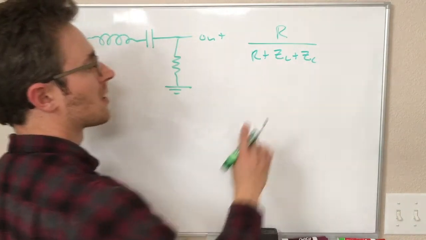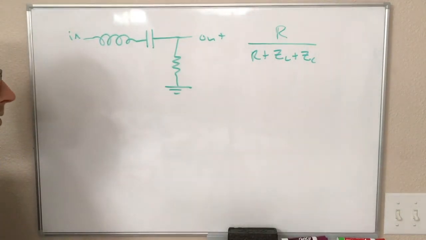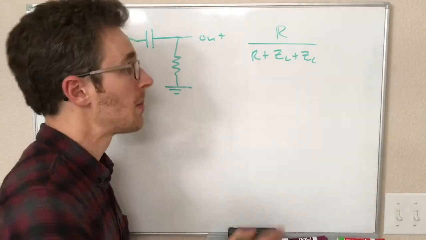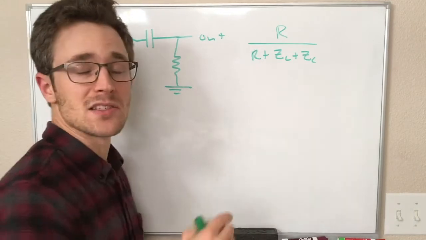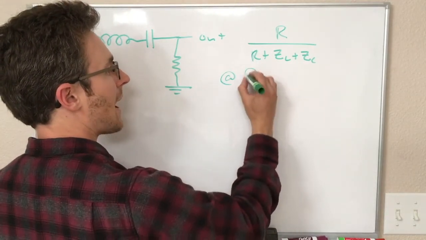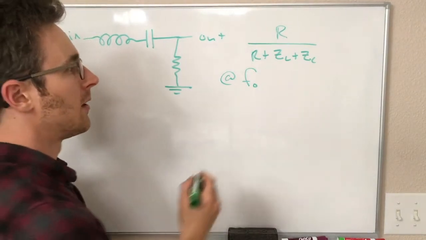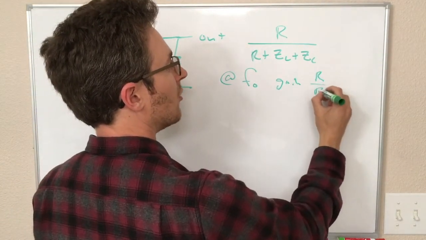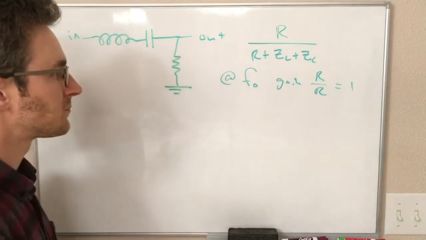And these are complex numbers. So we know that at a certain frequency, these two exactly cancel out, right? At the resonant frequency, these two exactly cancel out. So at some special frequency, F naught, our gain is just R over R, which equals 1.